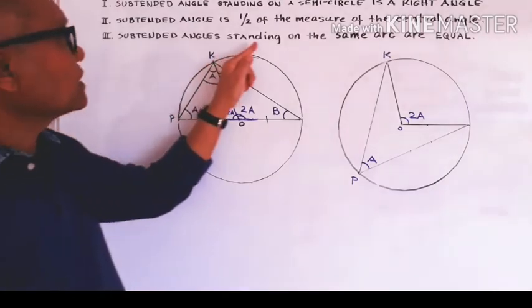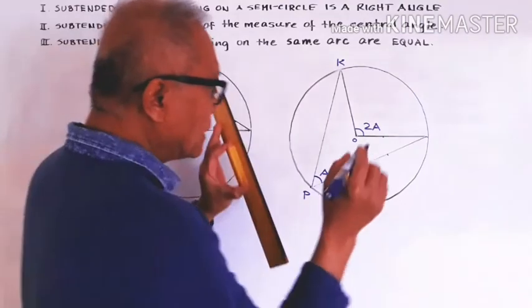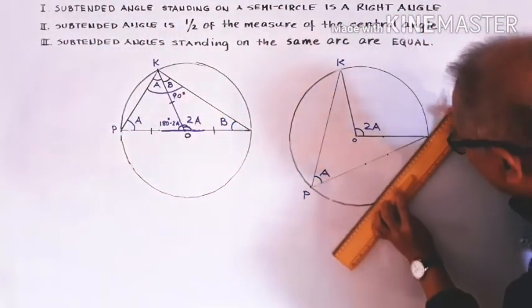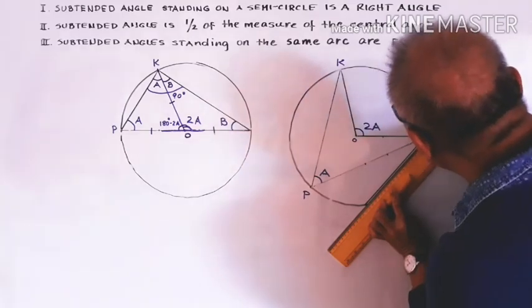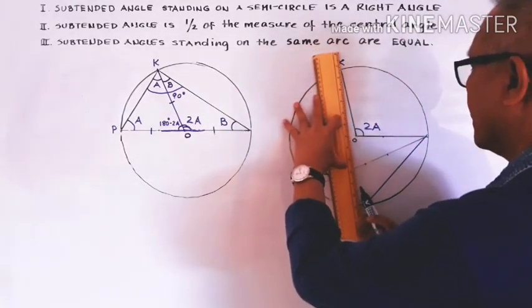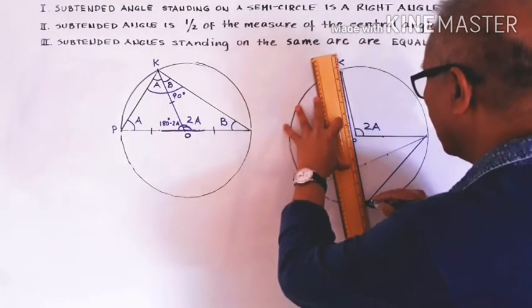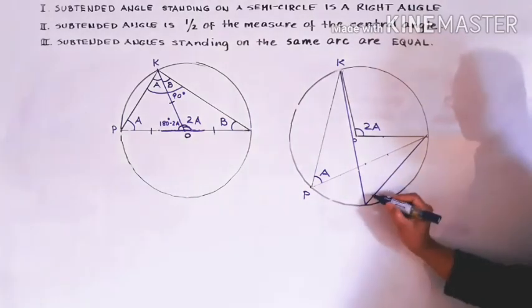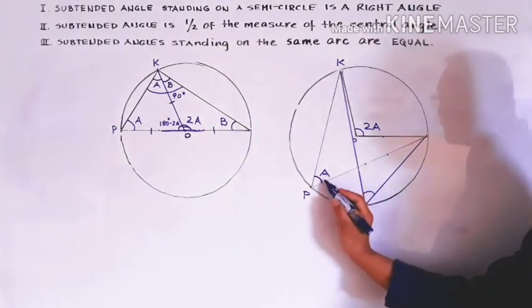What about the third one? The subtended angles on the same arc. I would like to draw another one here. So this angle here is the same as the angle here.